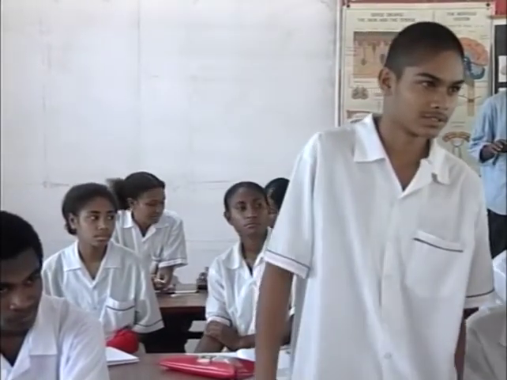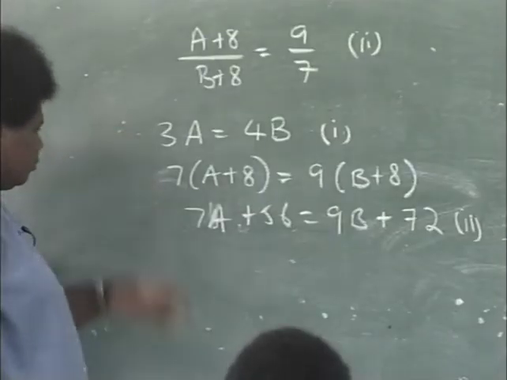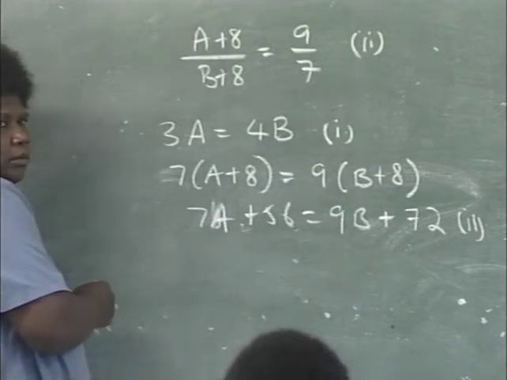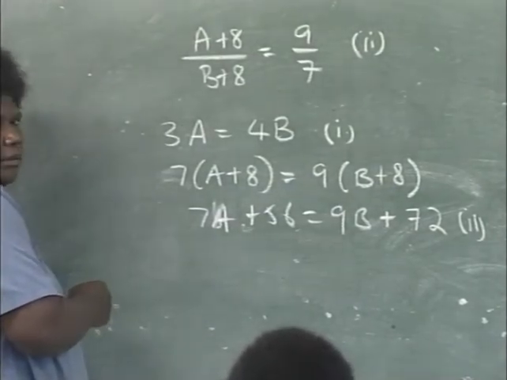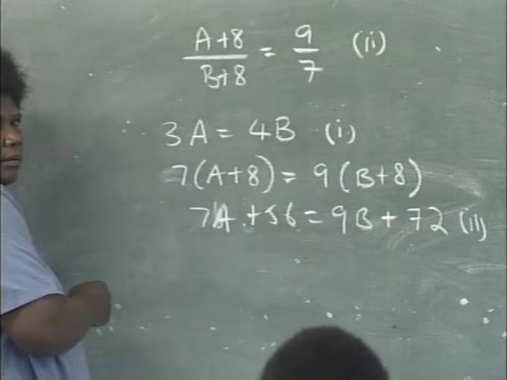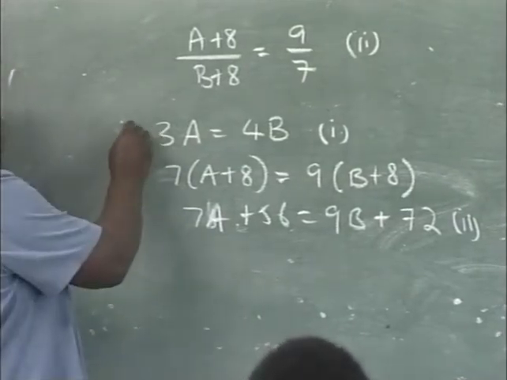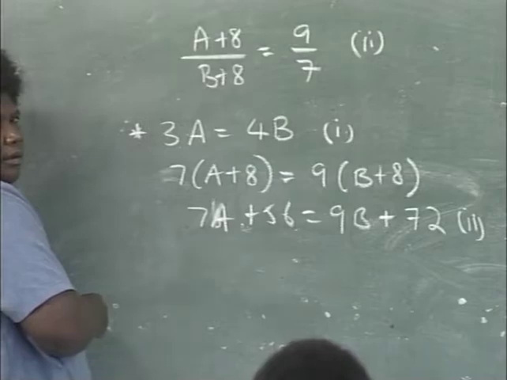Because you said substitution, what can I do to equation 1? Do I make A or B the subject? A the subject. So in equation 1, A is equal to what? 4B on 3. Okay, good.